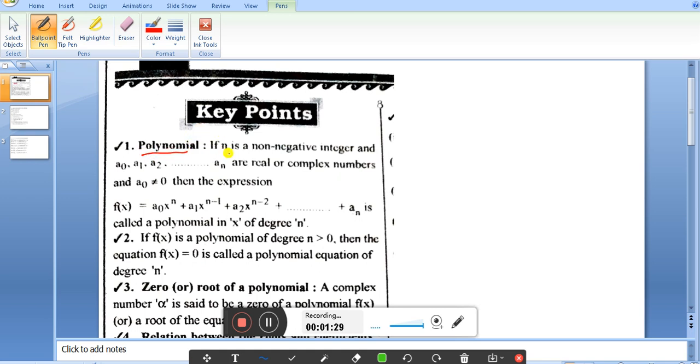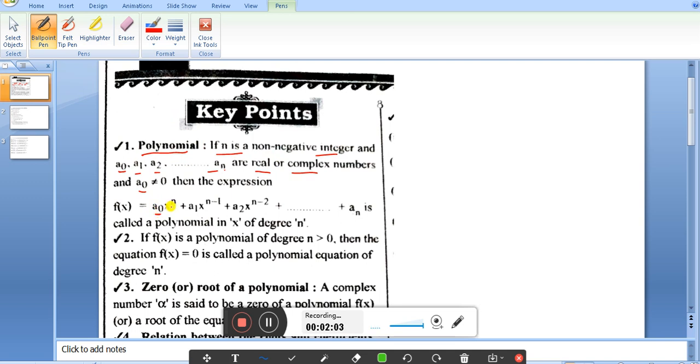If n is a non-negative integer, and a0, a1, a2, ..., an are all coefficients which are real or complex numbers, and a0 is not equal to 0, that means the first coefficient of the given polynomial is not equal to 0.